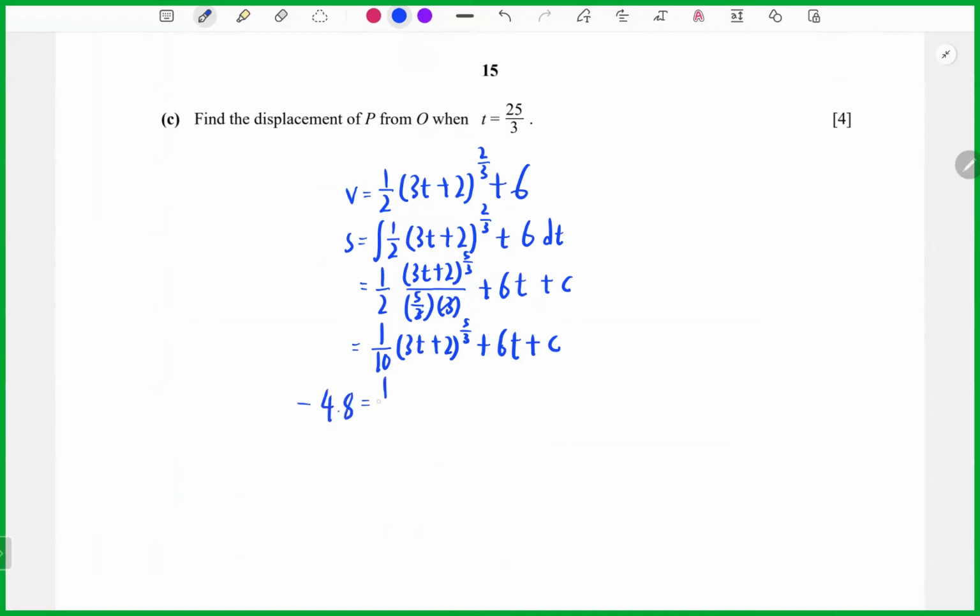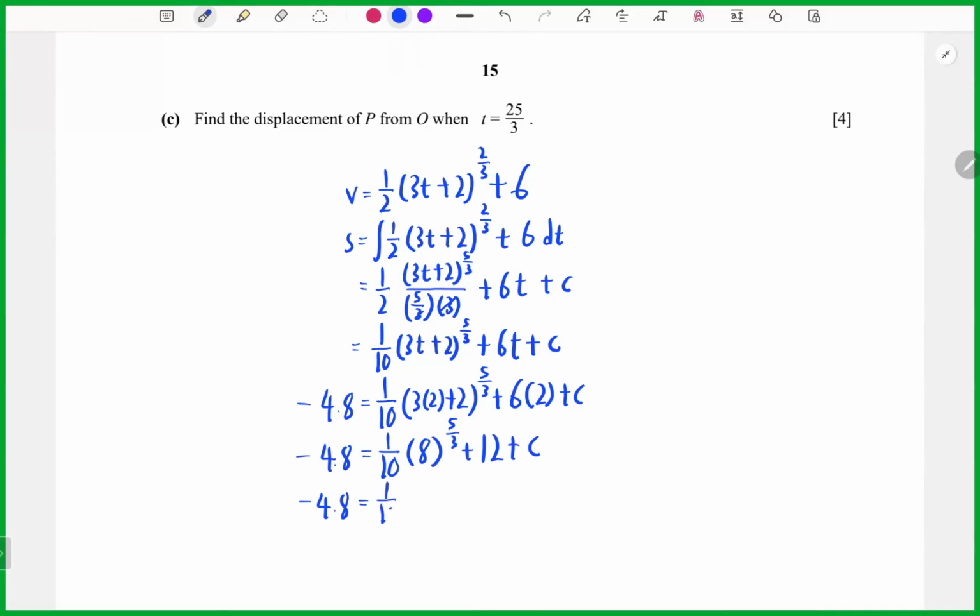Negative 4.8 equals 1/10 (3(2) + 2)^(5/3) plus 6(2) plus C. So I will get negative 4.8 equals 1/10 times 8 to the power of 5/3, plus 12 plus C. 8 to the power of 5/3 is 2 to the power of 5, which is 32. So 1/10 times 32 is 3.2, plus 12 plus C.